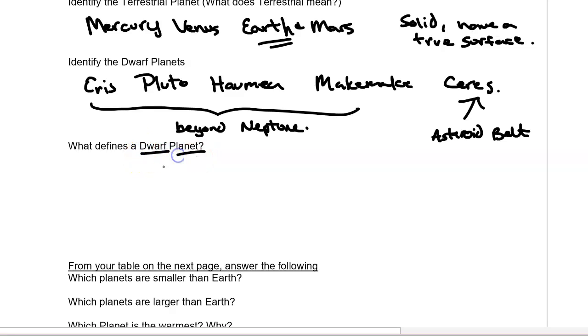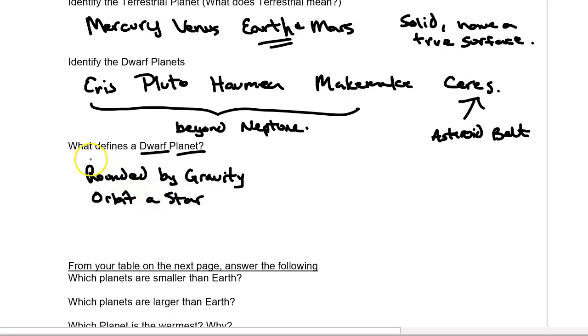So what makes a dwarf planet different than a regular planet? Essentially, planets are rounded by their own gravity, and they orbit a star. Dwarf planets both do this.